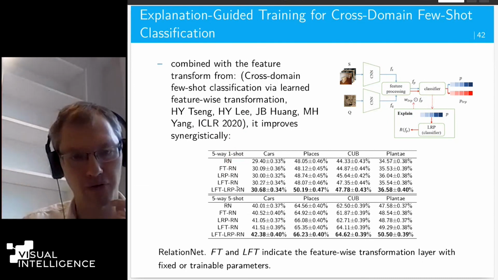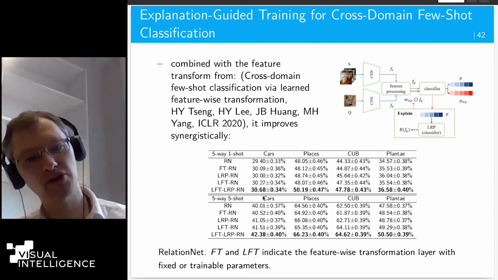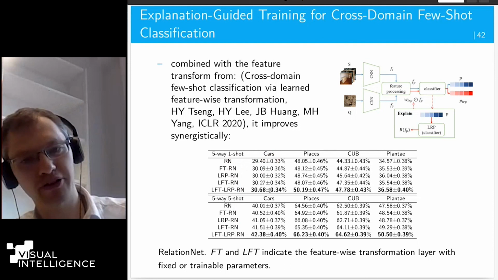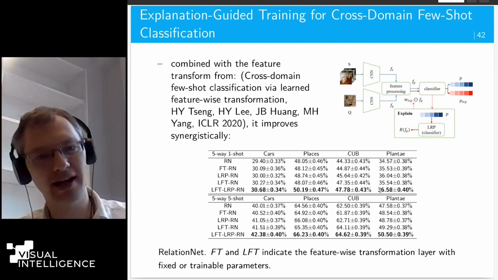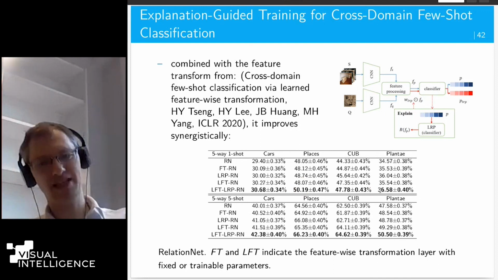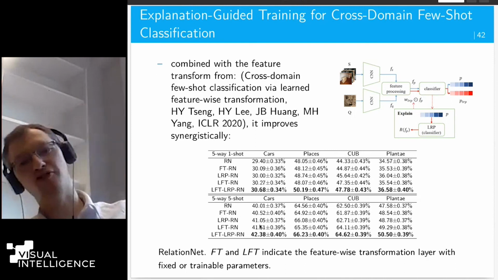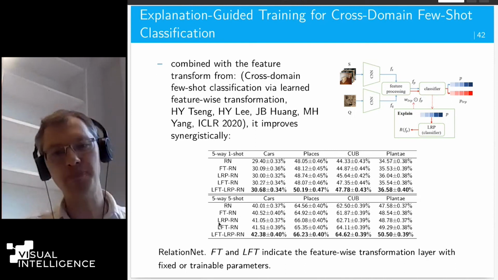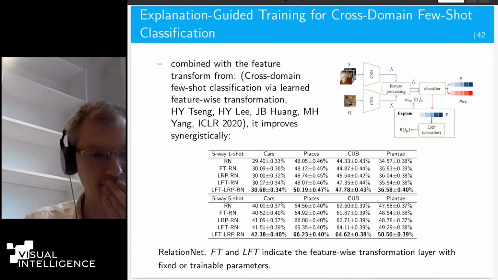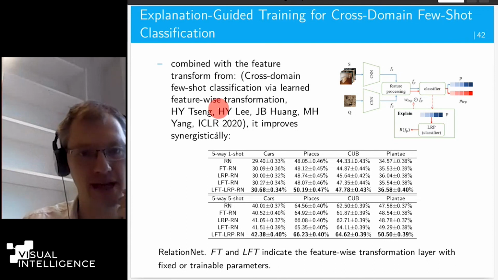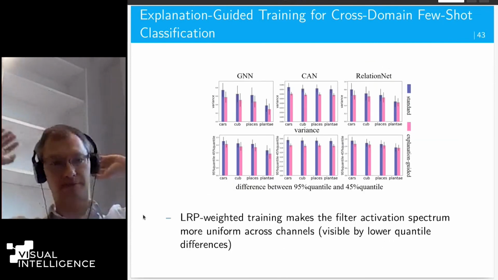And we combined them both. And what we saw was that the improvement of both of these methods is synergistic. The best result I get is when I combine both methods. So they optimize in a different way, this feature transform from the ICLR paper and this LRP reweighting.